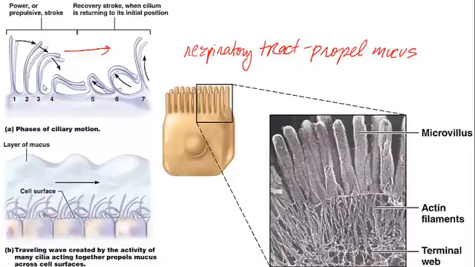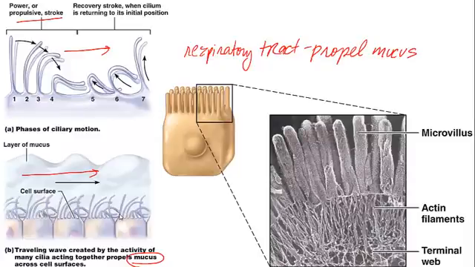And so you can see in this case there's a propulsive stroke and then there's a recovery stroke when the cilium moves back to its original position. So in this case, you can imagine in your trachea there is mucus that is moving from the base of your trachea towards your throat so that you can spit it out, or you could alternatively swallow it.